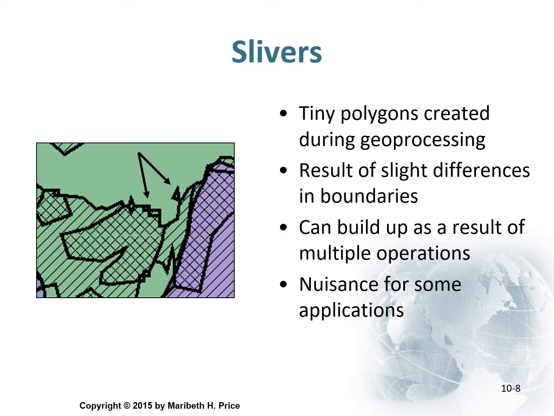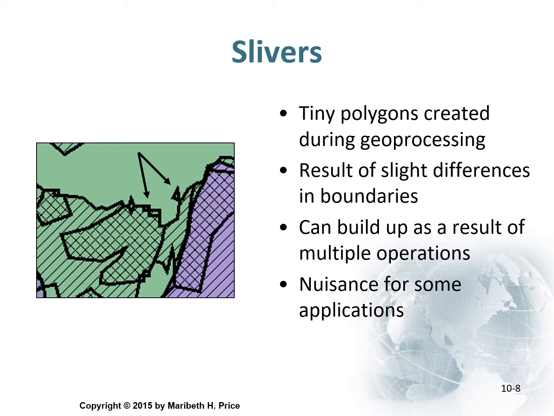A lot of times what else causes it is when you have multiple operations. So when you do the old two-step where you combine this with this and you combine it with this and then you combine it with this, et cetera, you can end up where you have multiple overlays taking place, and what will happen is eventually you just end up with a bunch of these tiny little slivers, and they can create a lot of problems for applications.